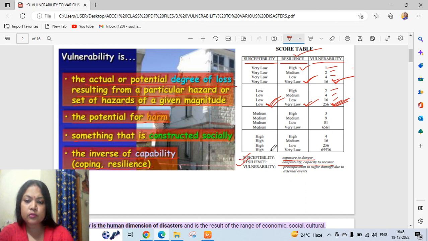If susceptibility is high and your resilience is very low, then you will be most vulnerable. Look at the value, that is 65,536. That means in this table this is the maximum score, isn't it? It means one will be most vulnerable to any type of disaster when susceptibility is high and your resilience is very low. So I hope you can understand it properly.